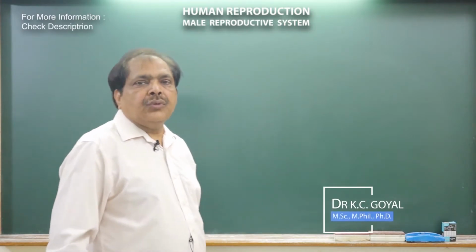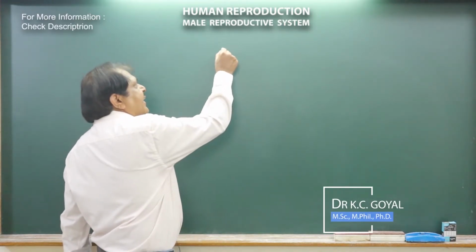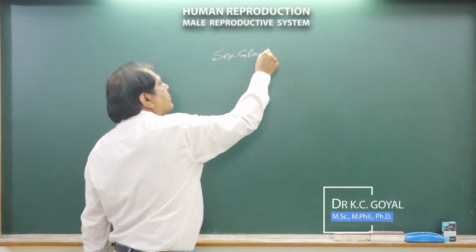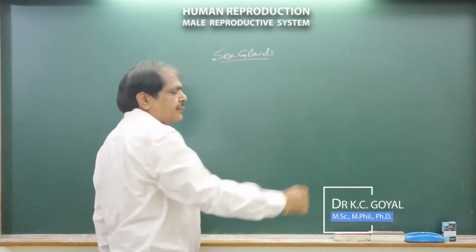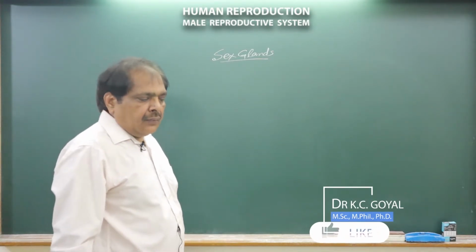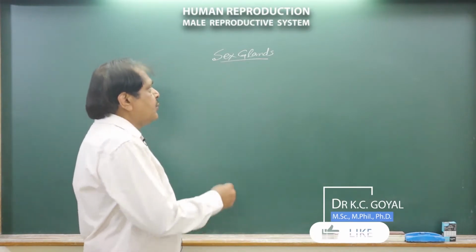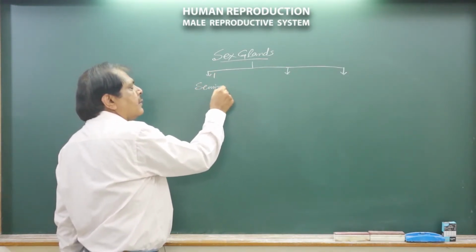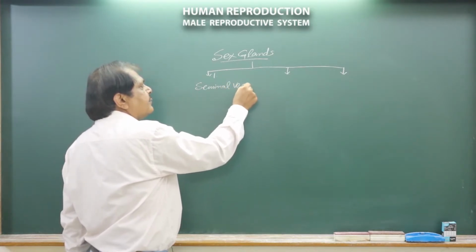Students, now we come to the sex glands, or male accessory sex glands. We already know about it. I told you, one is the seminal vesicles.